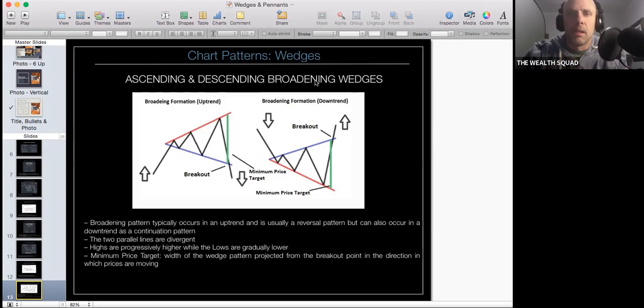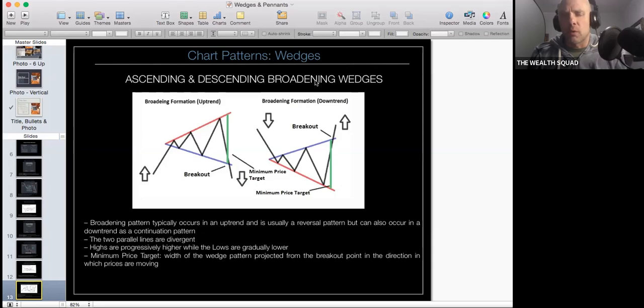So in a nutshell, y'all, that's covering the rising wedge, the falling wedge, the ascending broadening wedge, and the descending broadening wedge, right? Same principles, they're all related. The ascending and the descending broadening wedges are more advanced, but it's good to know them.